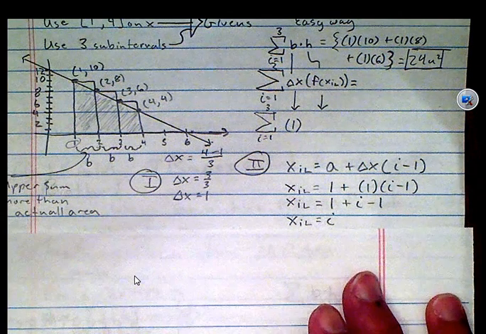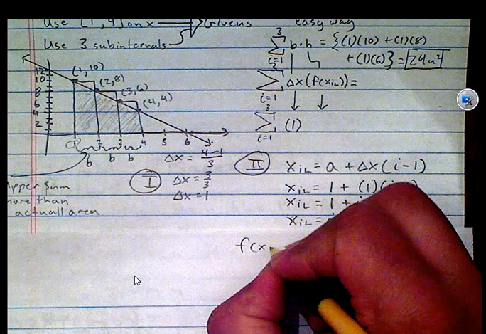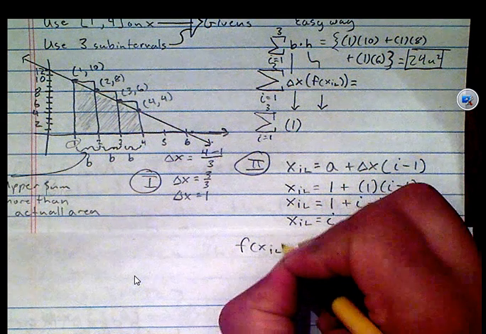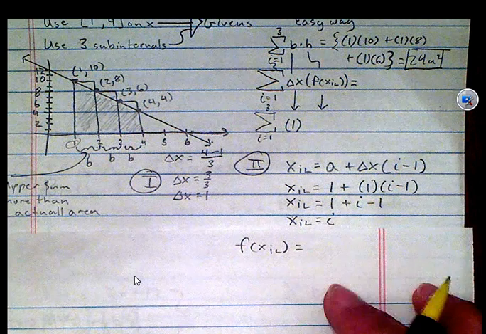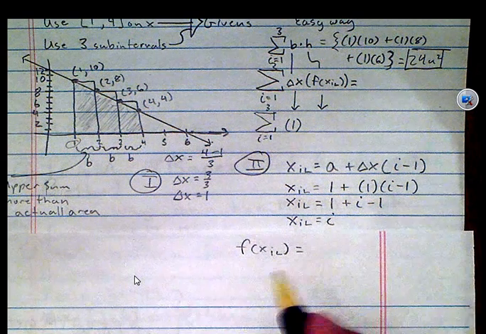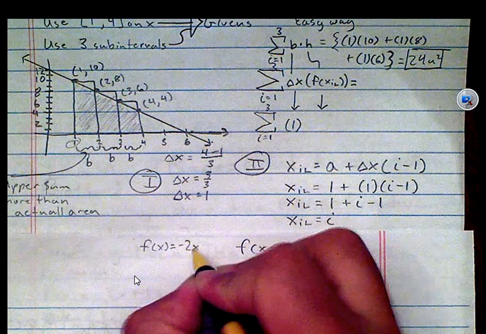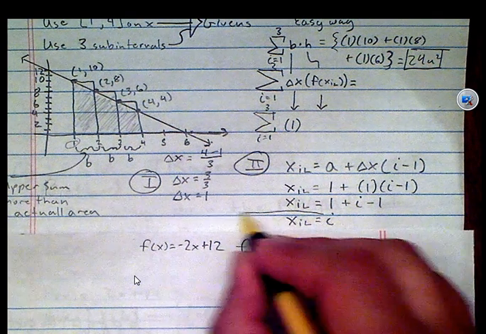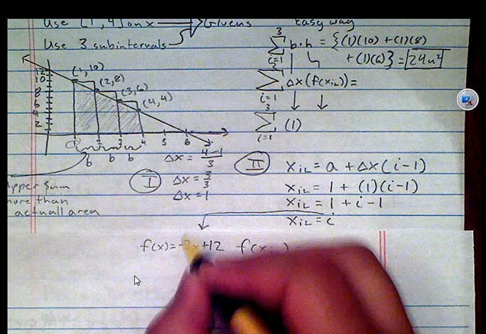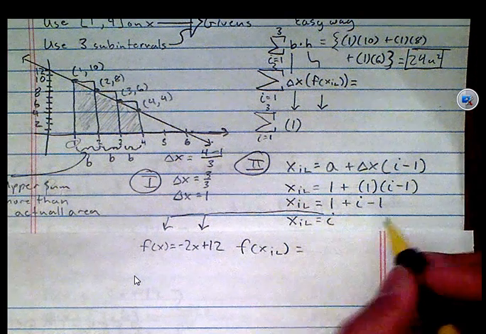f of x of i sub L is equal to, remember we're just going to take this and substitute it in the f of x, which was negative 2x plus 12. So now we're taking the i, the x of i sub L, and plugging it in there.